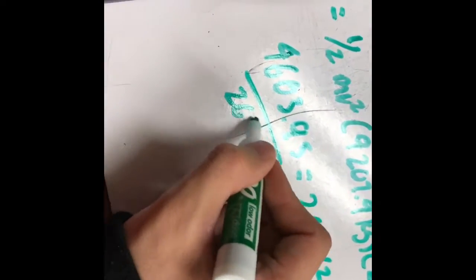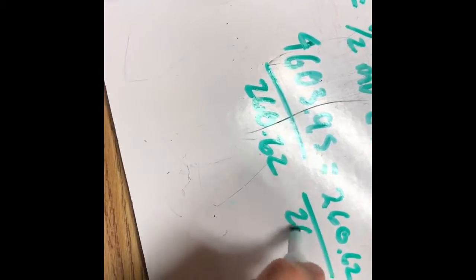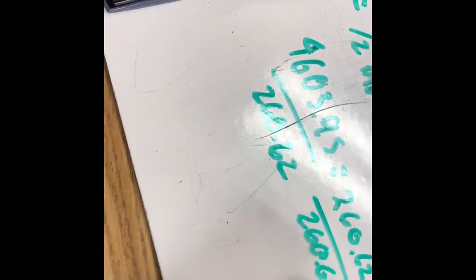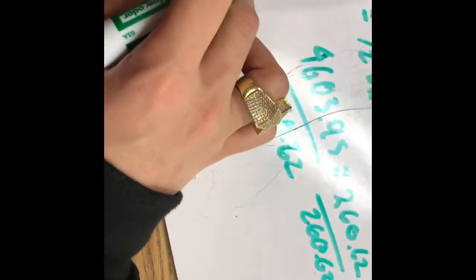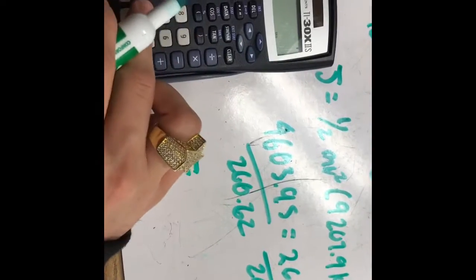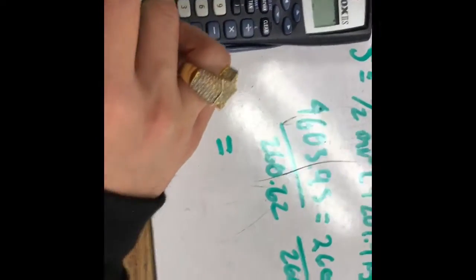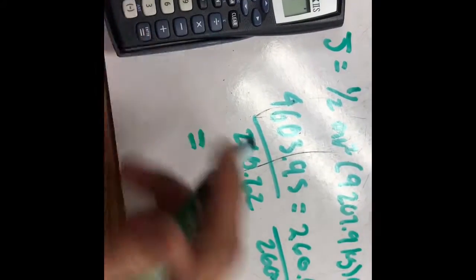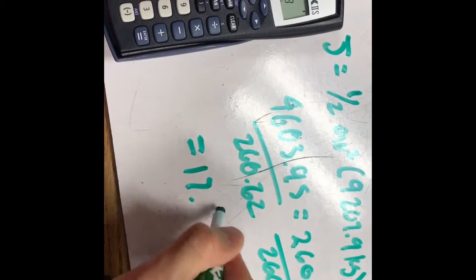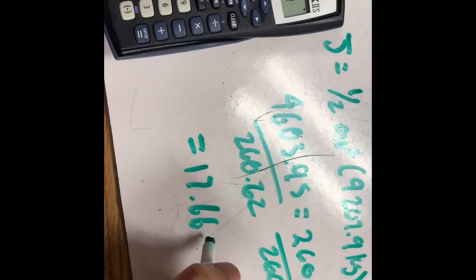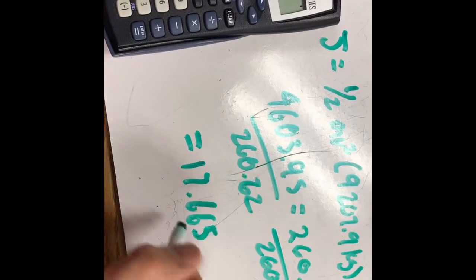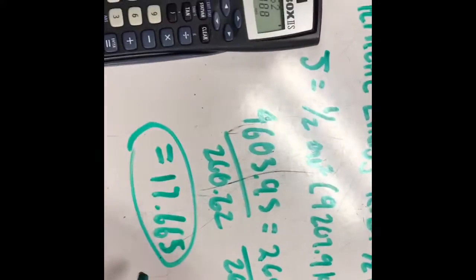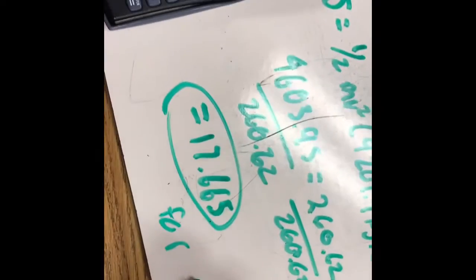Now I'm going to divide that by 260.62. And I should get 17.66 meters per second. For the F-16 fighter.